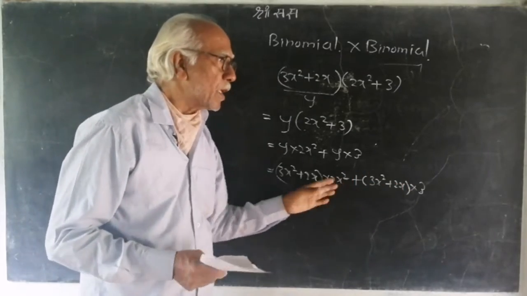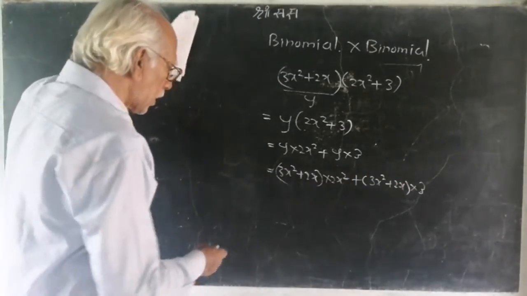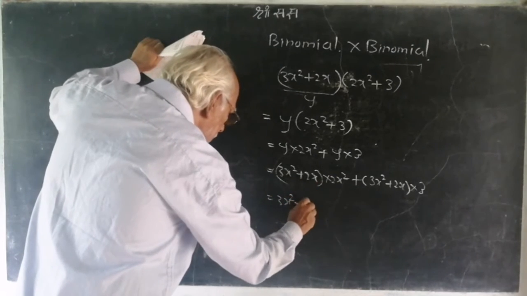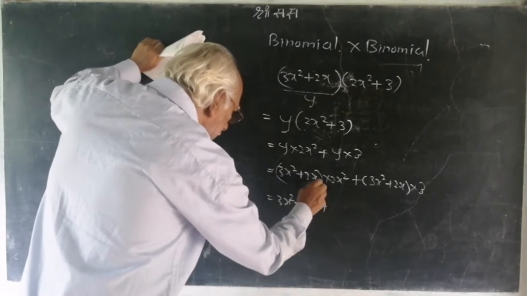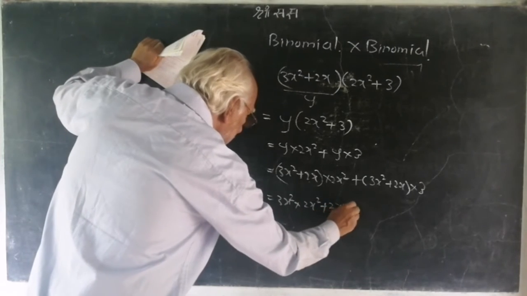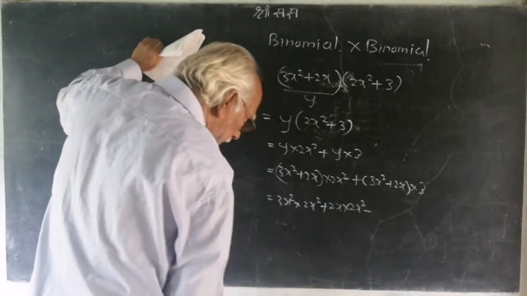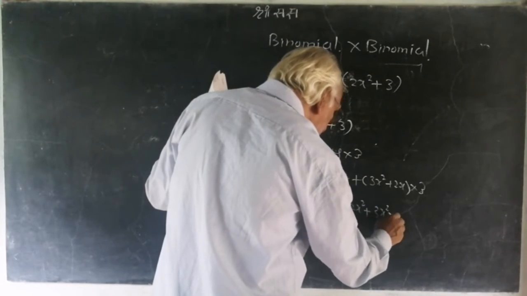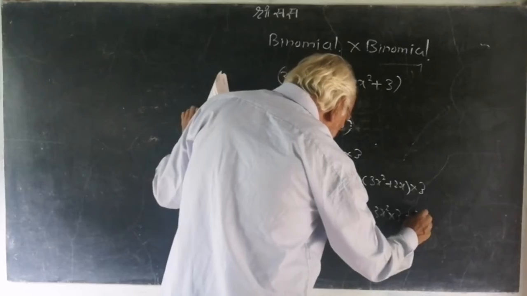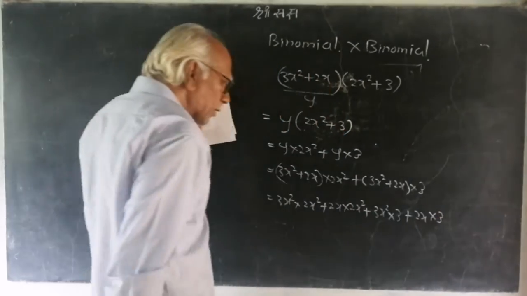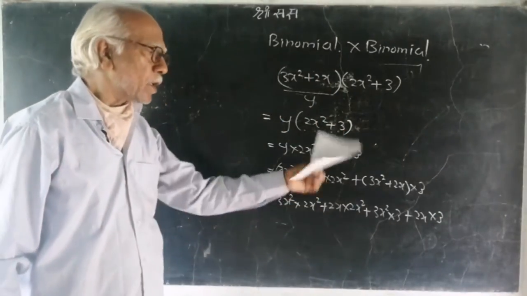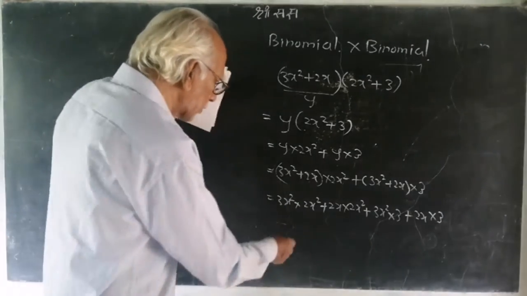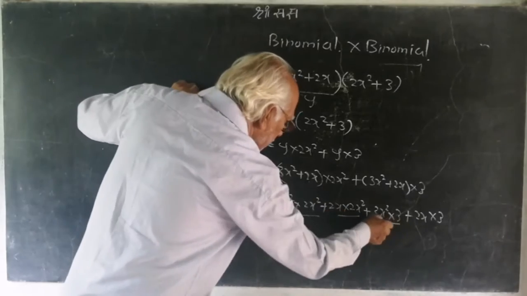So what is it now? 3x square into 2x square plus 2x into 2x square, then plus 3x square into 3 plus 2x into 3. Fortunately, all the terms are positive, so you need not worry about the signs. Hence you can directly take the products.